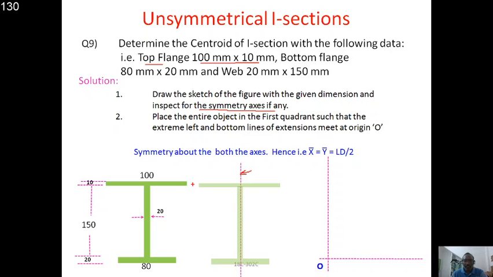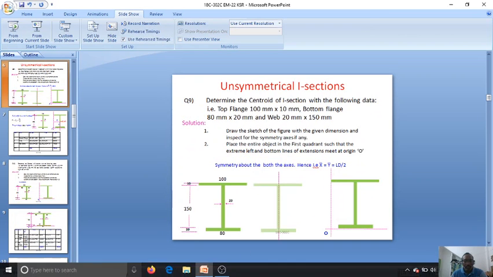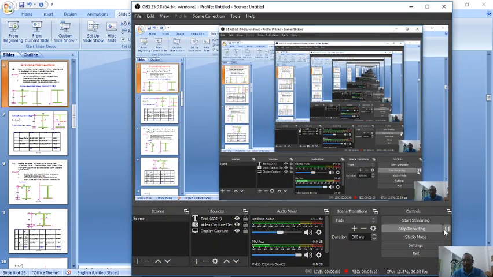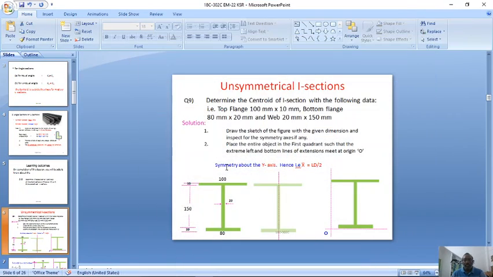After inspection, I understood that it is symmetric about the x axis, right? So this statement is wrong. Only it is symmetrical about the y axis, which is given here.